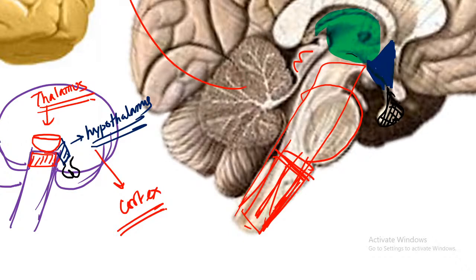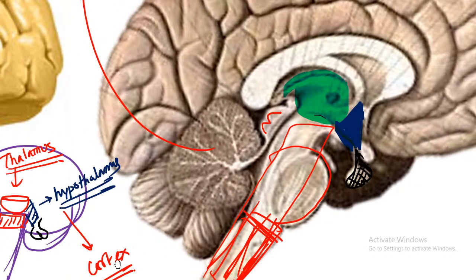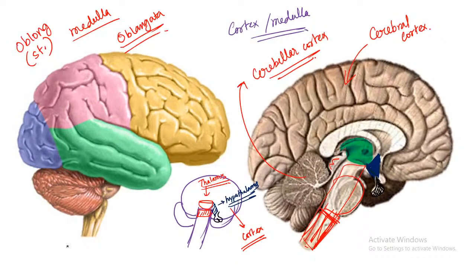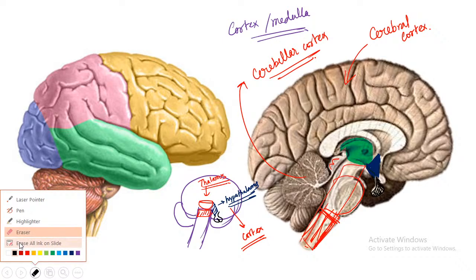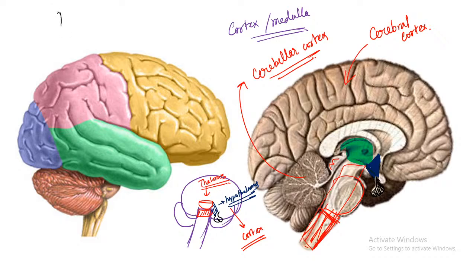Okay, so now let's see what's above the hypothalamus, right? Try to understand one thing very clearly. Now, if you see the brain from the front, one part of the brain looks like this and the other part looks like this, right?